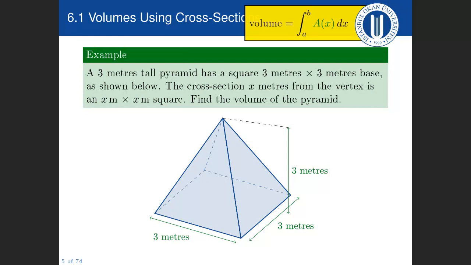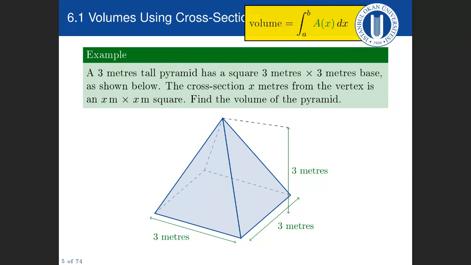A 3 meters tall pyramid has a square 3 meters by 3 meters base, as shown in this picture. The cross section, x meters from the vertex at the top, is an x meter by x meter square. Find the volume of the pyramid.